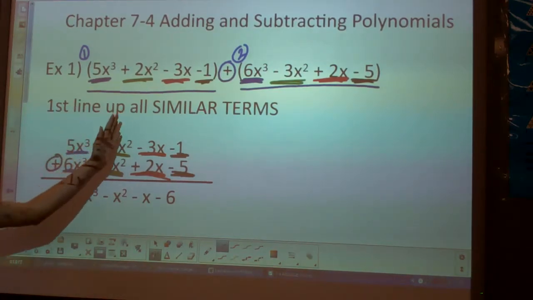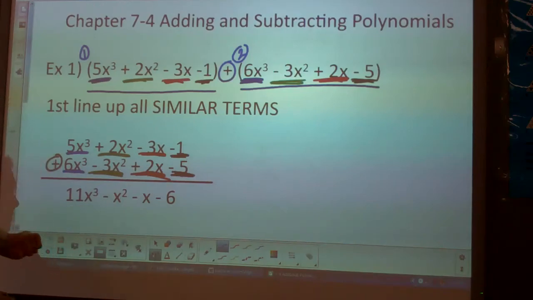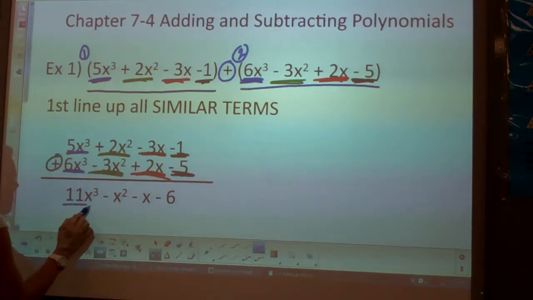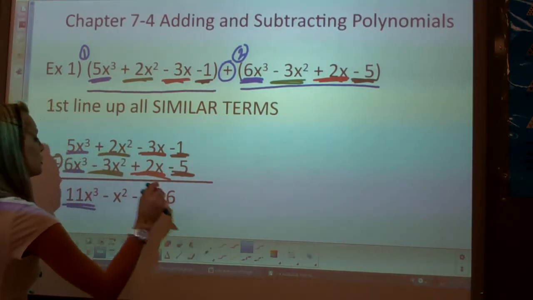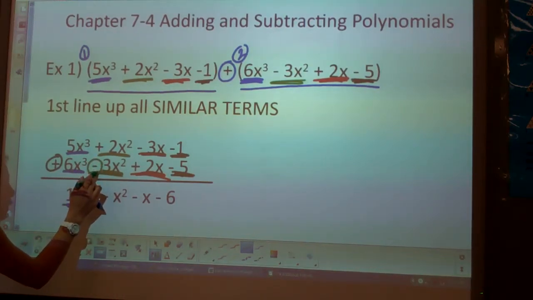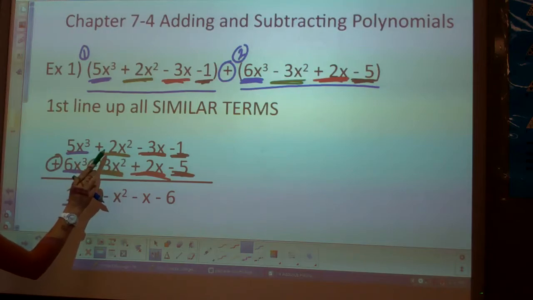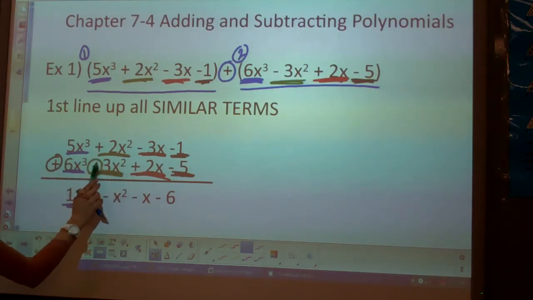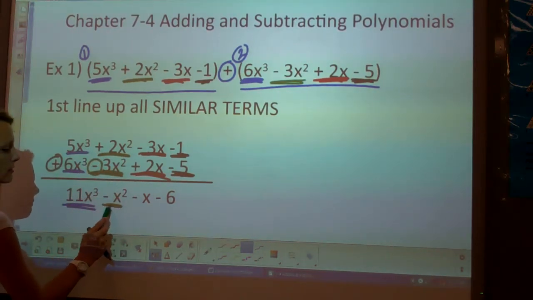And now we need to add straight down, combining our like terms. So 5x cubed and 6x cubed gives you 11x cubed. Our 2x squared plus, remember to look at the charge in front of your term, a negative 3x squared gives you a negative x squared.